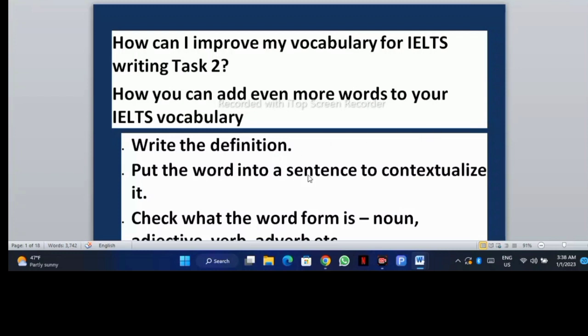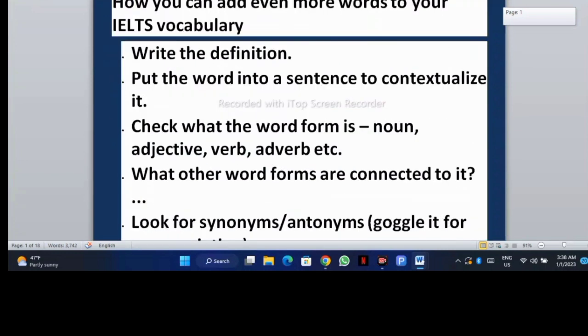First of all, you have to write the definition of the word and then put the word into a sentence to contextualize it. It will help you improve your long-term memory, because in short-term memory you can use a word only once or twice, but if a word is stored in your long-term memory, it will be very helpful for you.